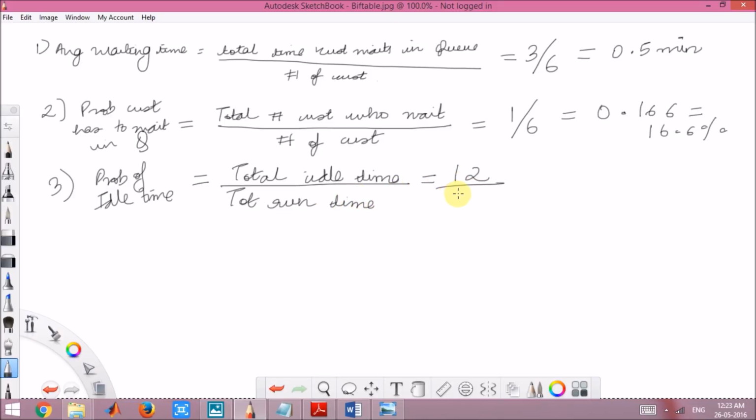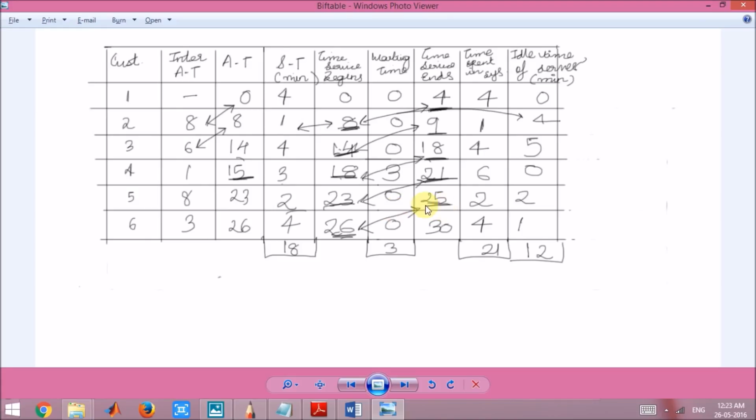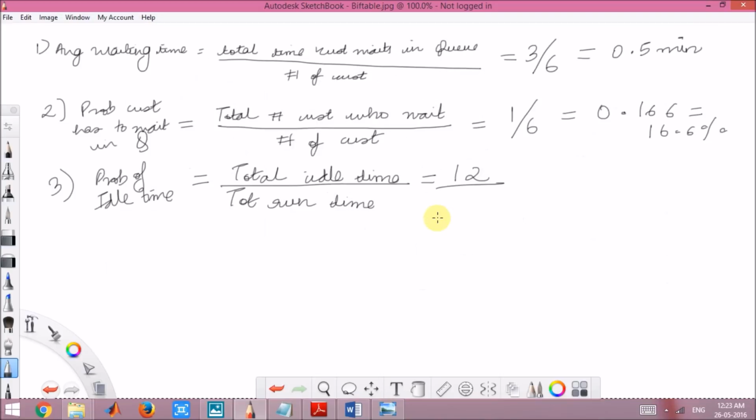So the idle time is 12 divided by 30, because the last customer is served, and the service ends, at time 30. So 12 by 30 gives me 0.4 or 40%.